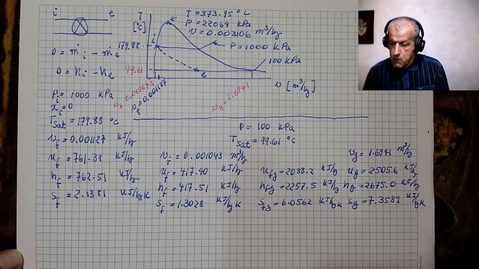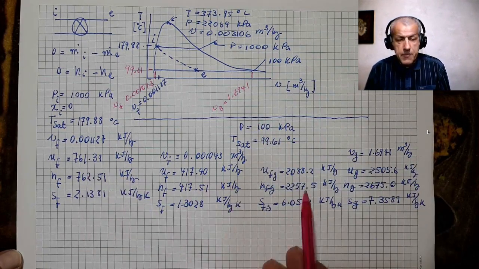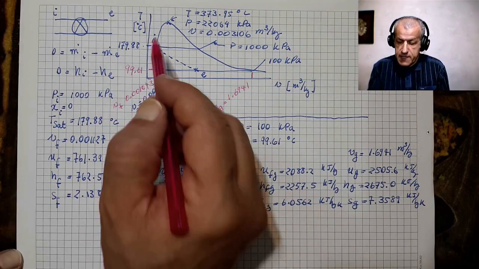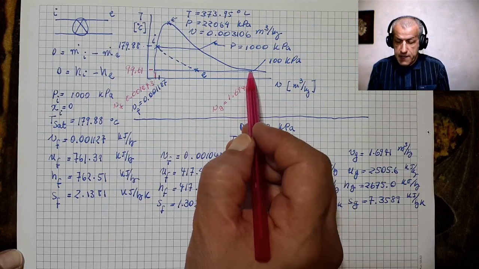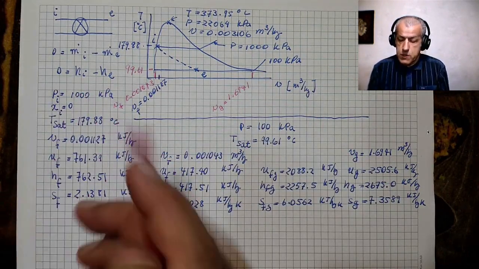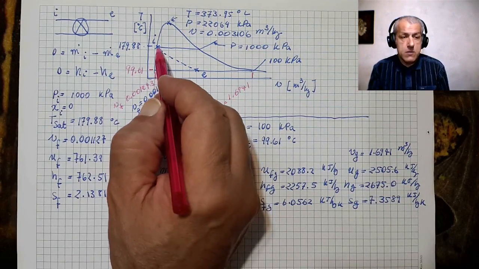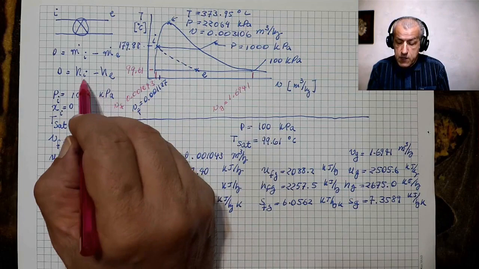So what you have now is these two steam properties at this point and this point. Now we have to add our problem to it, which is point I, which is here. Fair enough. Now we need point E.